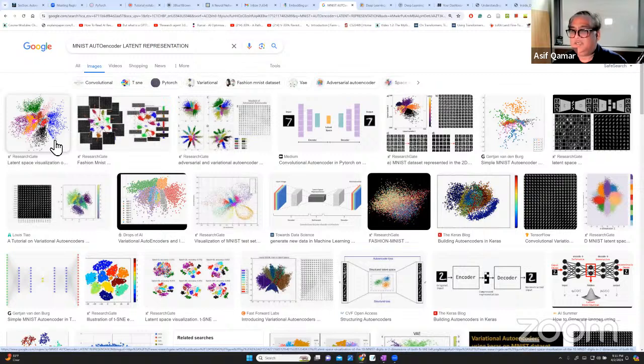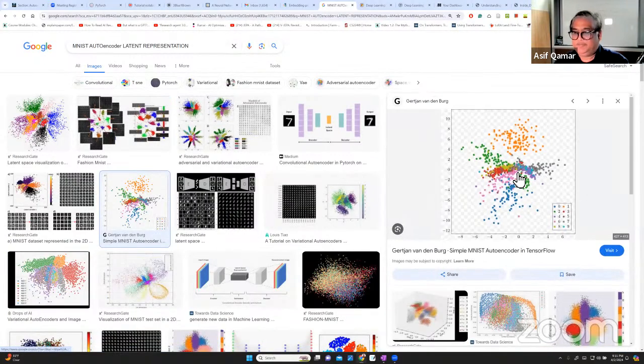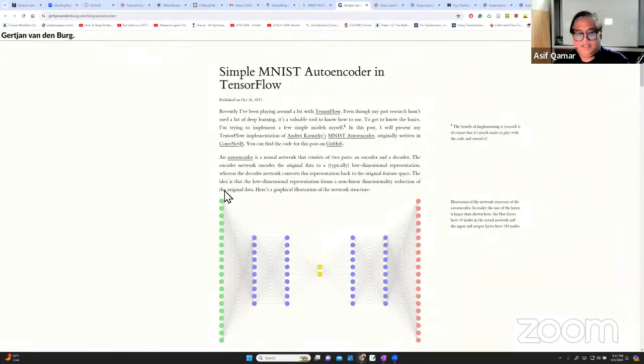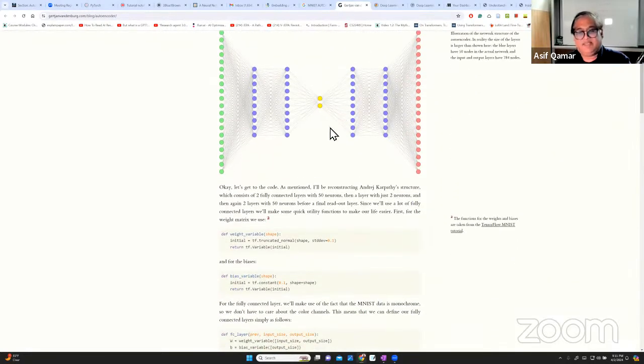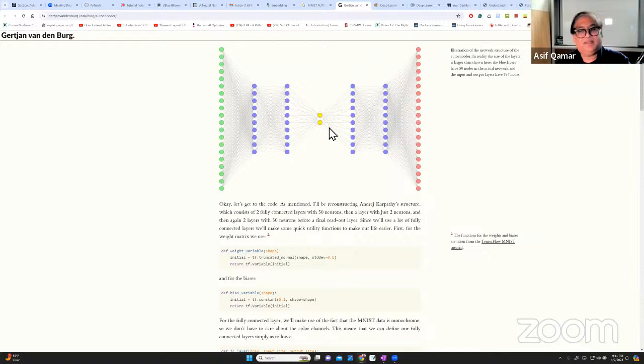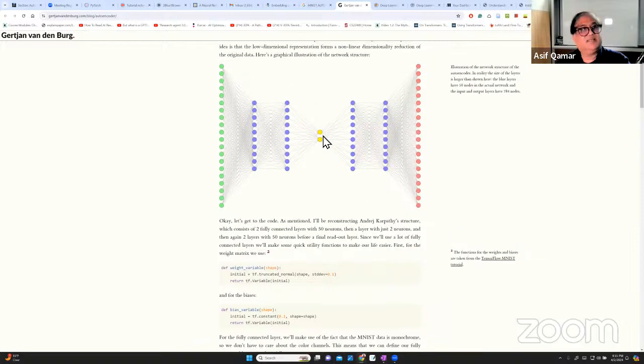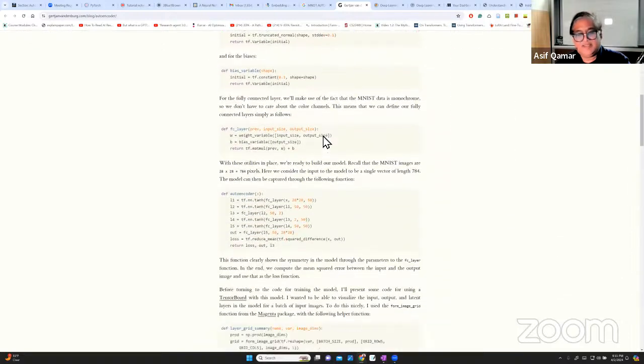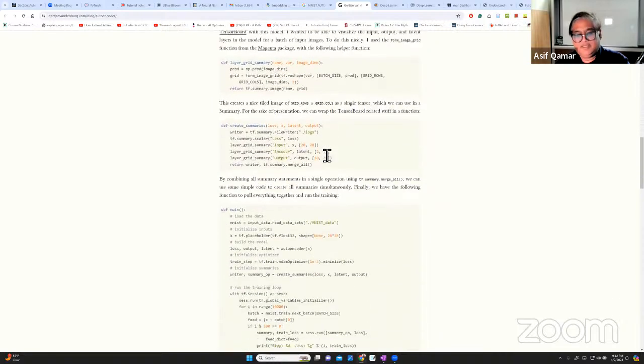Most of these are simple MNIST autoencoders. Let's look at this picture. Look at this. This is a basic autoencoder. A couple of layers coming down to 2 dimensions. Make sense? A very simple layer.